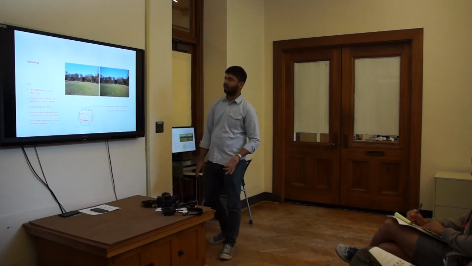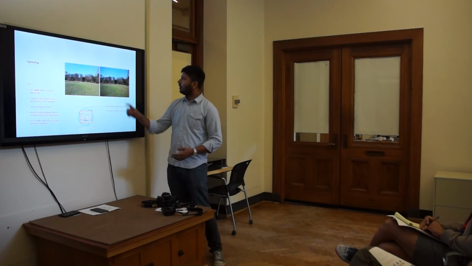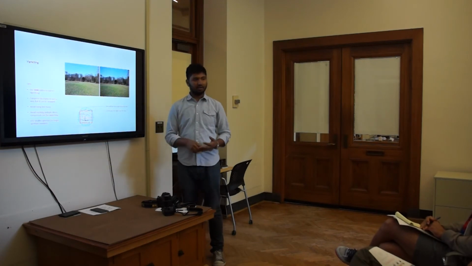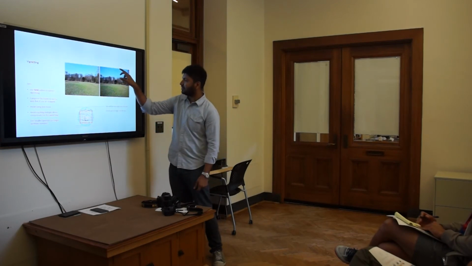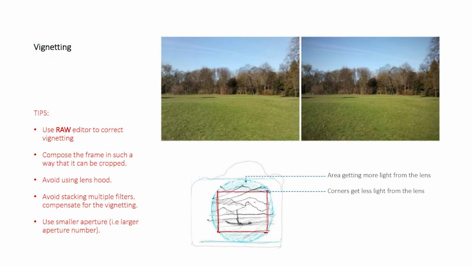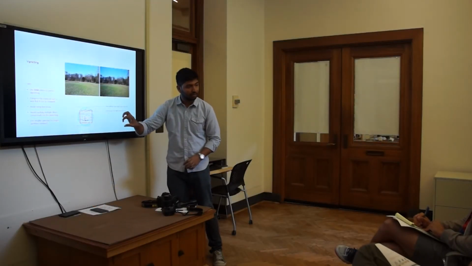And the other kind of distortion is vignetting. Vignetting is when the light doesn't enter the corners as much as the edges. As I told you, when the lens is projecting the image, it projects a circular image, and the rectangular image is cropped out of it.